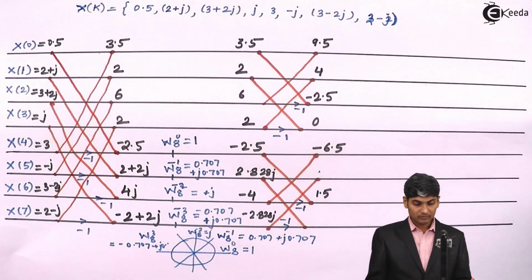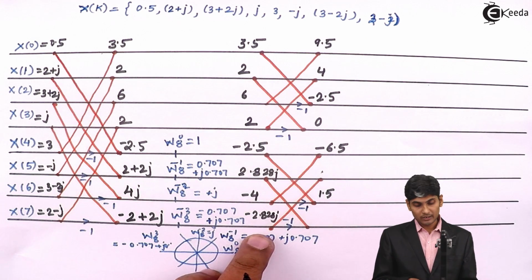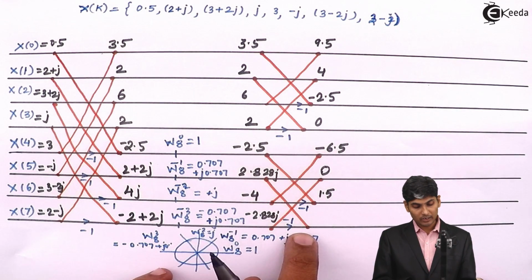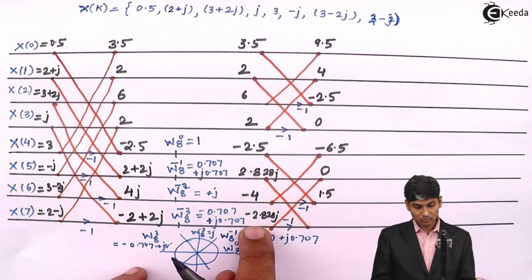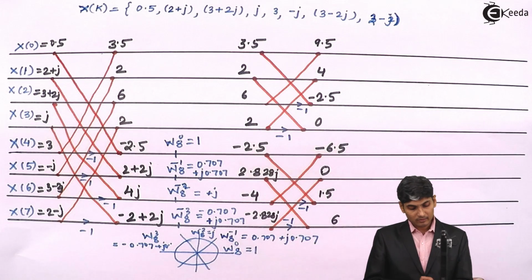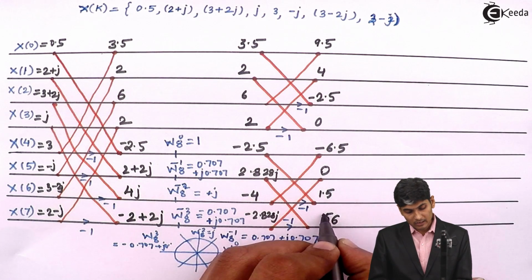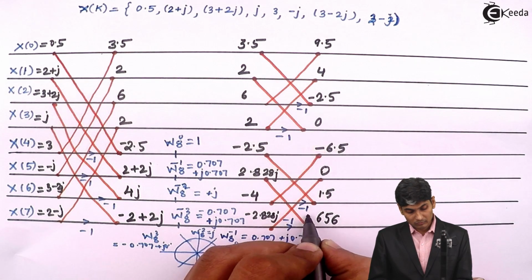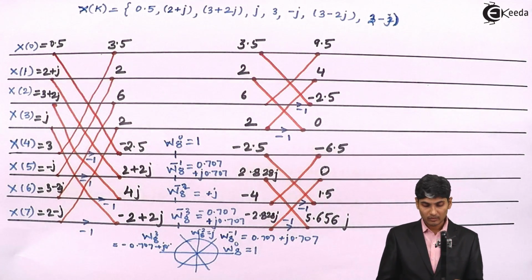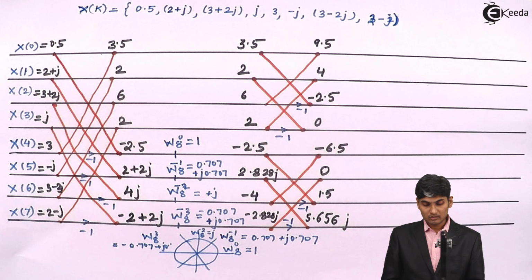So now we got that inputs, we can process them. 2.828j minus 2.828j will give me 0 here, and here 2.828 plus 2.828 will give me 5.656j, okay, and it will be with a positive sign. Now we have done with the second stage.